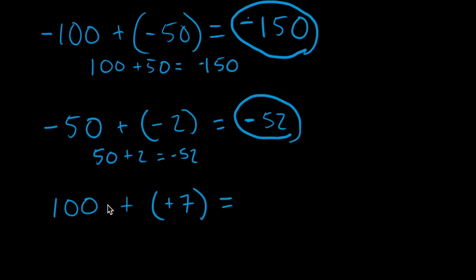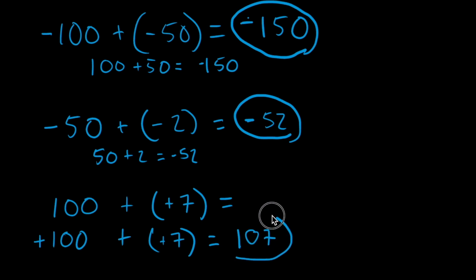Last problem, 100 plus 7. So just know there's an invisible positive sign next to the 100, plus 7. Both numbers have the same sign. It's easy. Your answer will be 107, and it's positive.